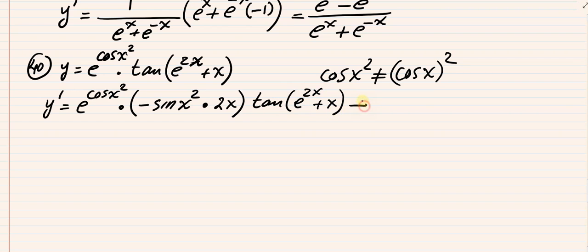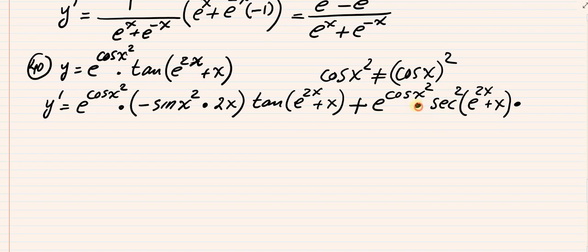Okay, and then plus, this is going to be a long expression, plus e to cosine of x squared times, now we take the derivative of tangent. And if we recall, derivative of tangent is secant squared. So it's going to be secant squared of e to 2x plus x times chain rule.